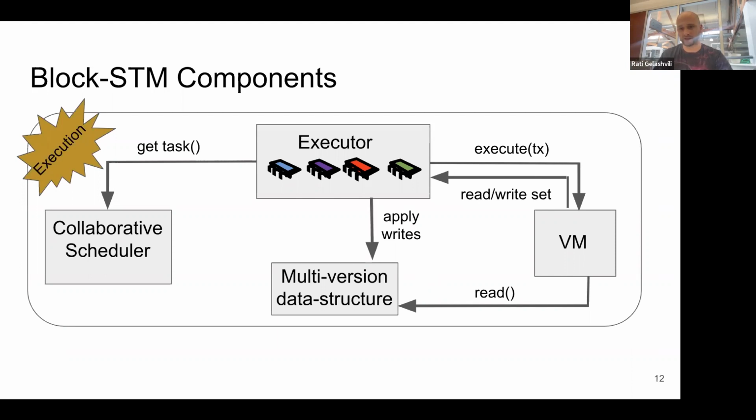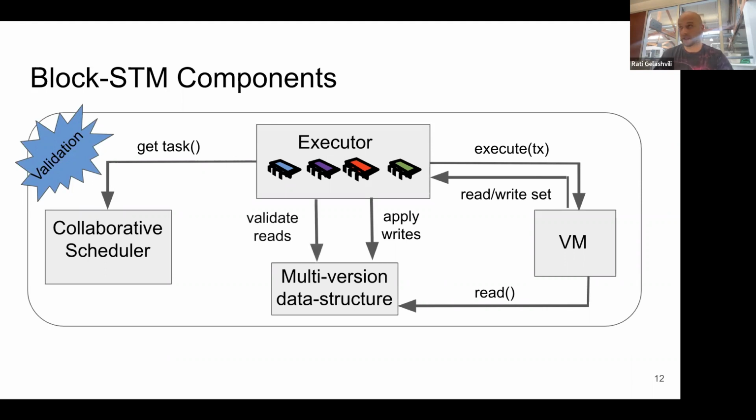This multi-version data structure is a part of Block-STM. It's similar to what I described for BOM, but it's a dynamic version of it where you don't have to know all the entries ahead of time. Because our executions are speculative, they might have wrong output, so the system as a whole has to have a concept of validation. Everything gets validated.